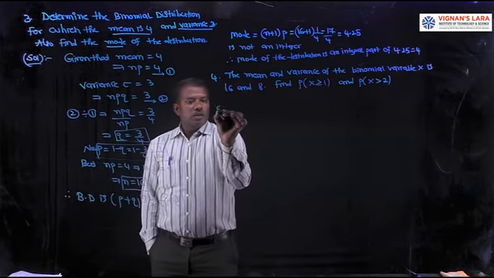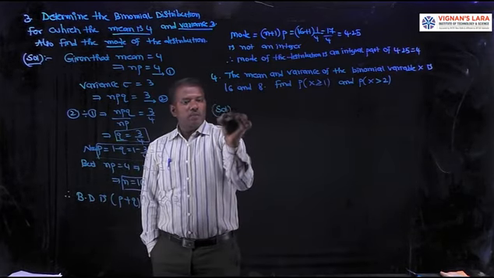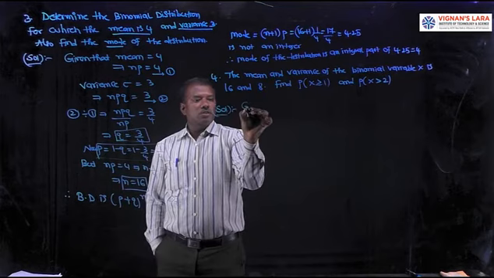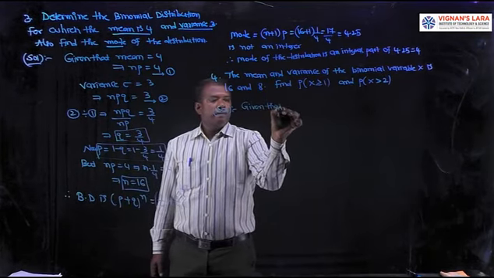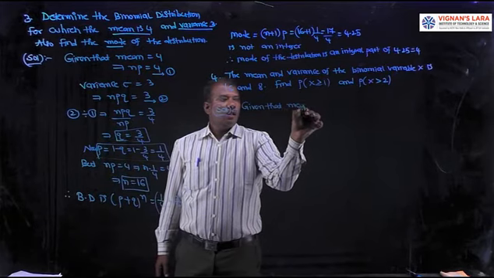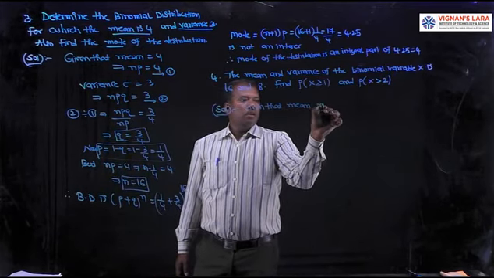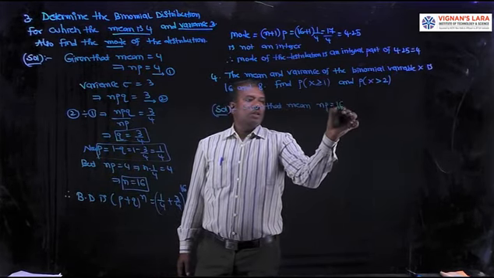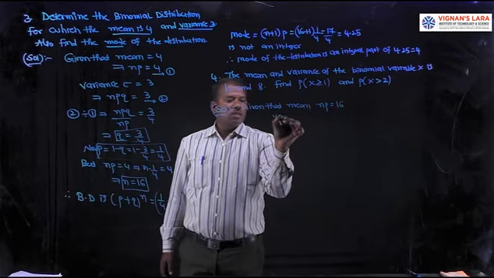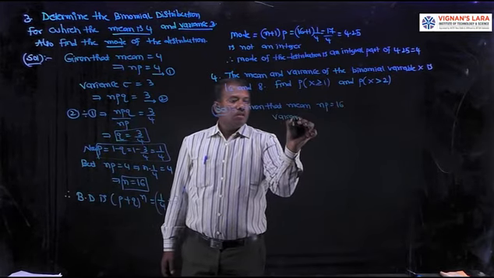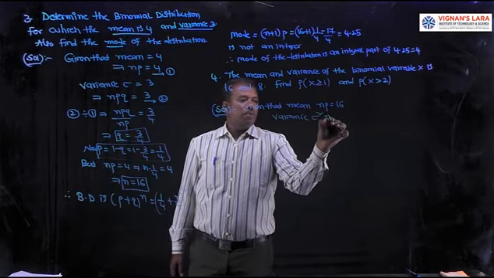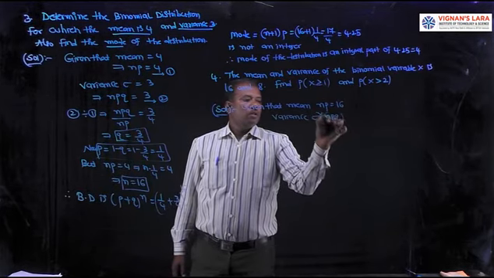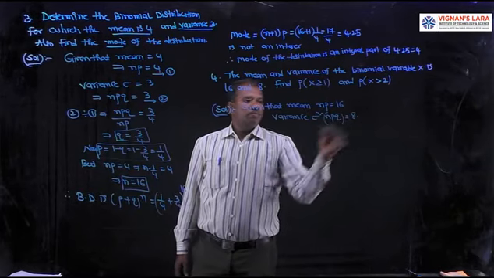So what is the solution here? Two parameters are given. Mean, np, is equal to 16, and variance, sigma square or npq, is equal to 8.